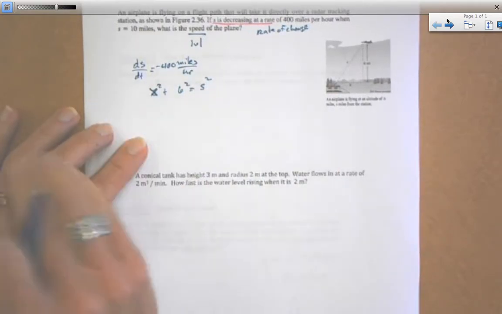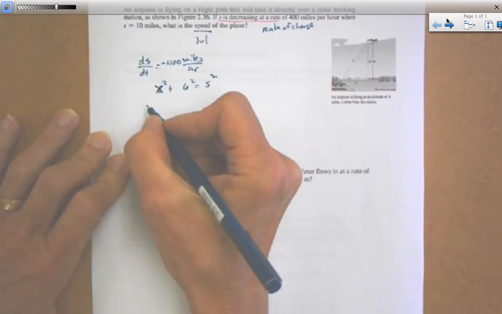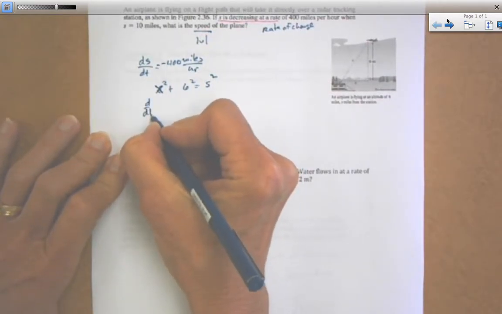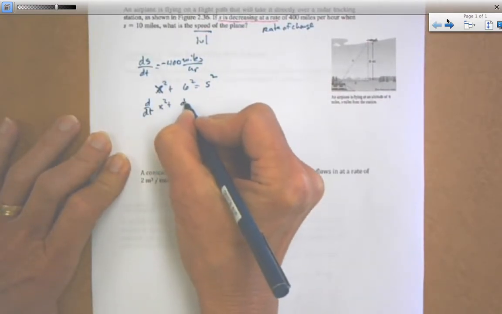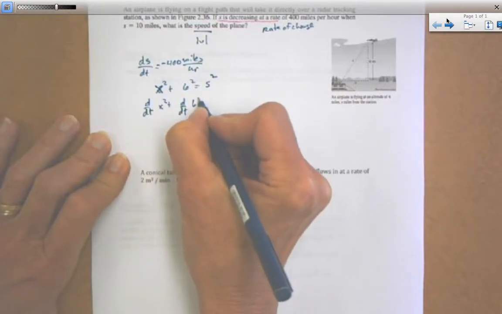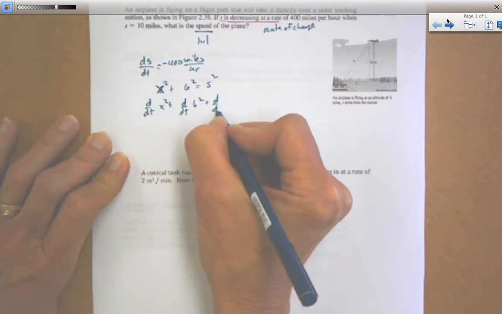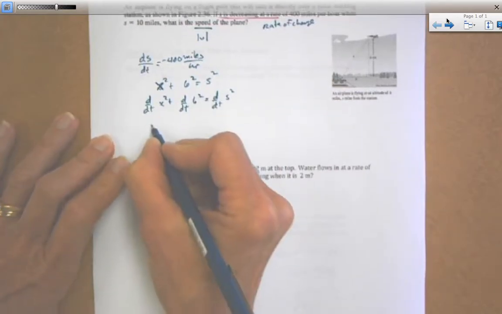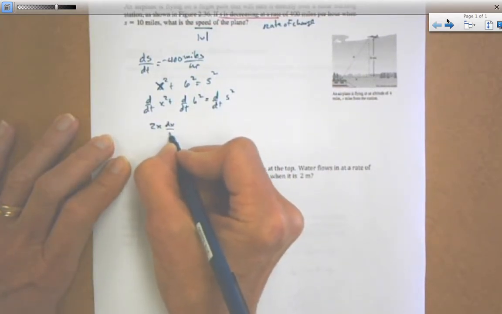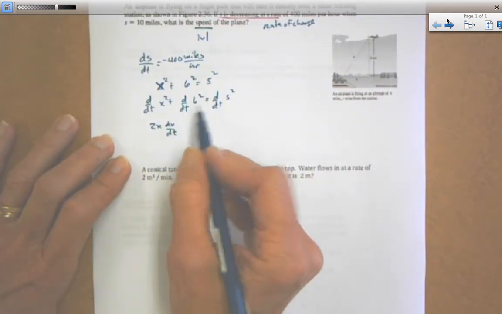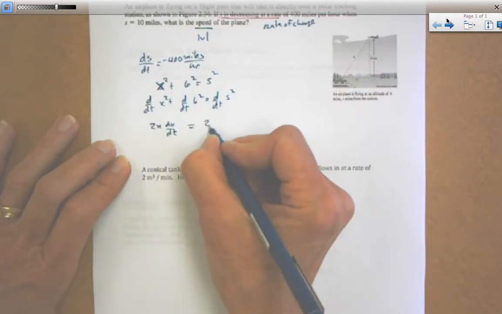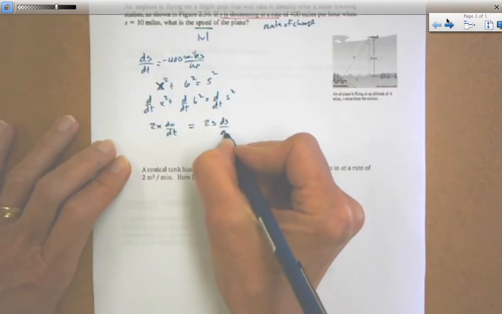So now we have a relationship. We can differentiate with respect to time. So that's 2x dx/dt, and the derivative of a constant is 0, plus 2S dS/dt.